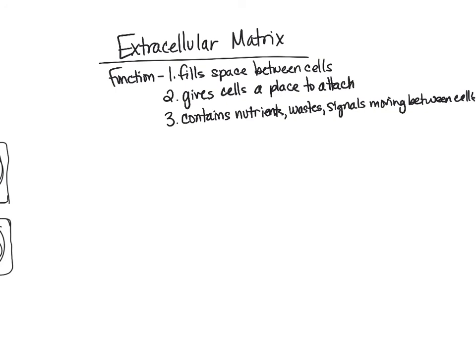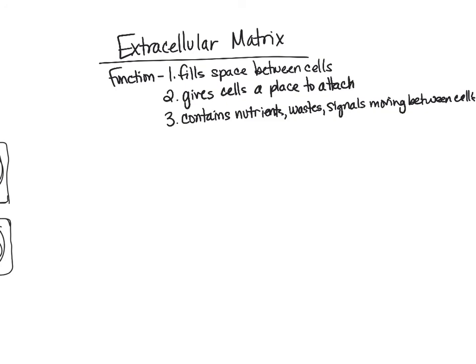The cells are floating around inside of it. The liquidy part of the blood contains the nutrients, things like oxygen and glucose, and sodium and other electrolytes. It also contains the wastes, like the carbon dioxide that we want to get rid of, the uric acid or the urea. All of these things are floating around in the extracellular matrix of the blood, which is the blood plasma.